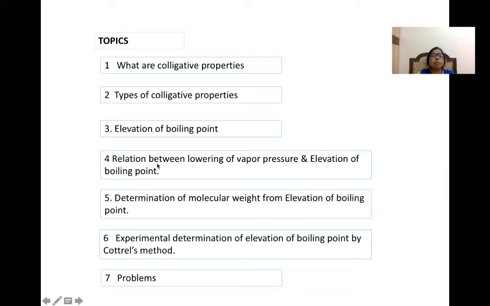Relation between lowering of vapor pressure and elevation of boiling point. Determination of molecular weight from elevation of boiling point. Experimental determination of elevation of boiling point by Cottrell's method. Some problems.